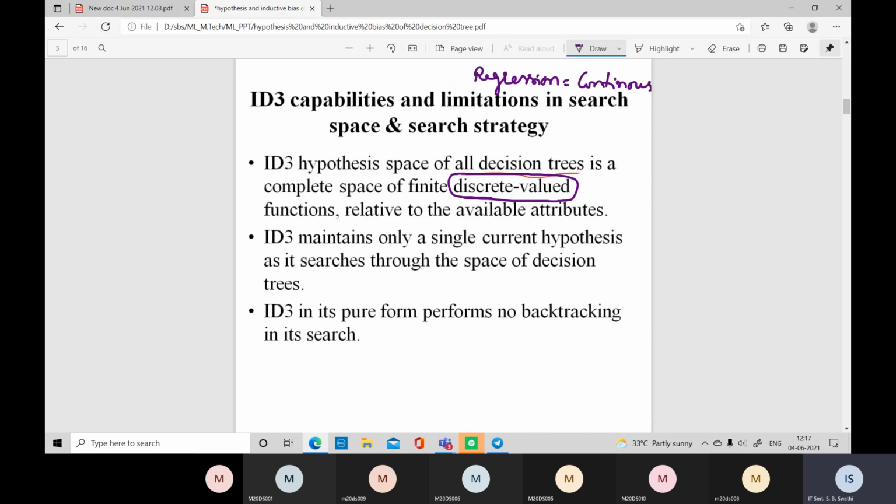But classification will work only on discrete values. And there is no backtracking in this search. These are the limitations of ID3. If the instances are discrete, ID3 will generate a decision tree, otherwise it won't generate a decision tree.